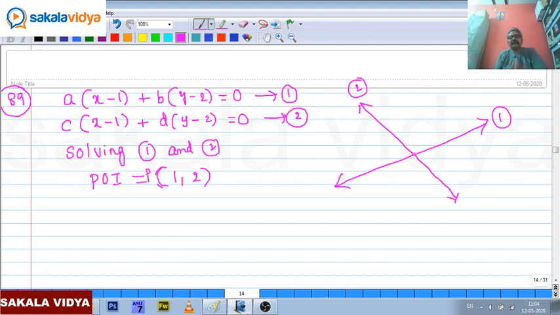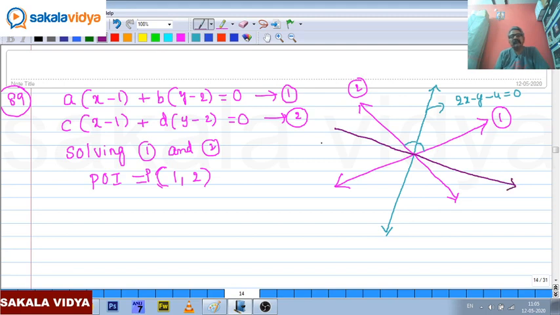So now, for example, this is one of the angular bisector equations that is given. That means this bisects this angle into two equal parts, like this. Say this equation is given as 2x minus y minus 4 is equal to 0. Now we need to find this other bisector equation.